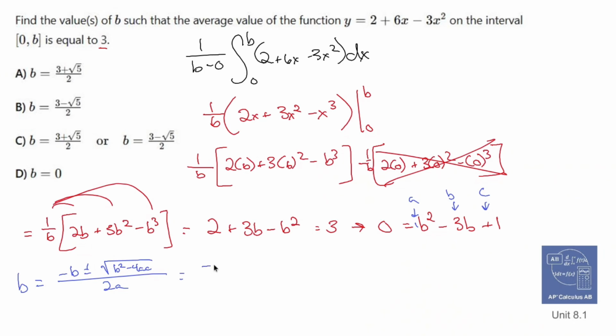That's negative negative 3 plus or minus the square root of negative 3 squared minus 4 times 1 times 1, all over 2 times 1. So 9 minus 4 is 5, all over 2. I have 3 plus root 5 over 2, or also 3 minus root 5 over 2.